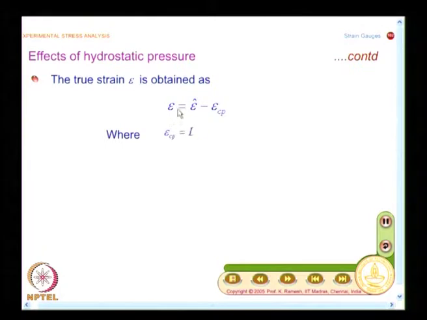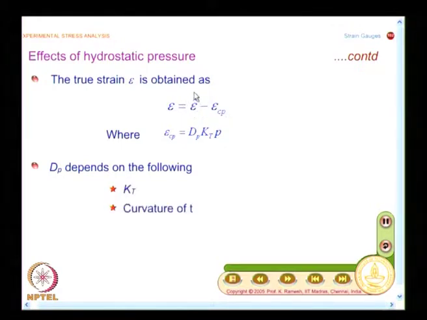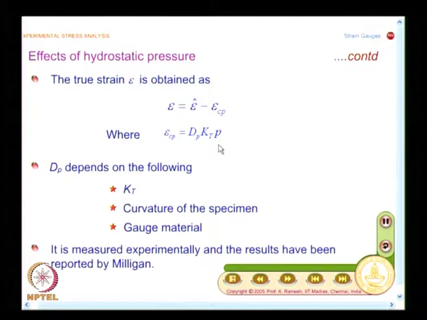So, actual strain or true strain is given as epsilon hat minus epsilon Cp, where epsilon hat is what you read on the strain meter, and epsilon Cp is defined based on experimental observations as dP into kT into P. The factor dP is found to depend on the following: it is a function of kT, it is a function of the curvature of the specimen, and it is also a function of the gauge material.